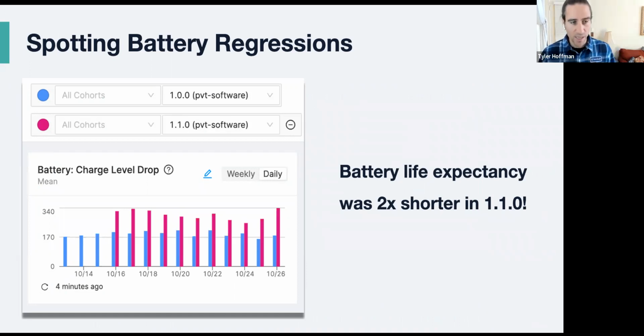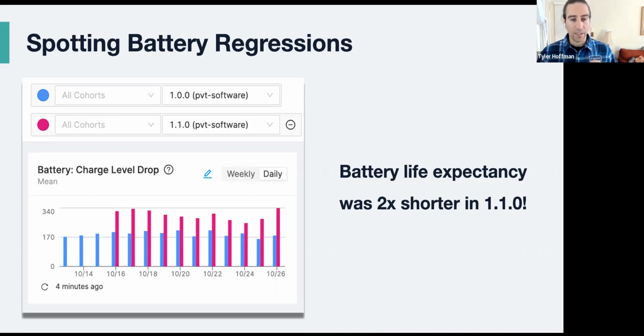In this example, the blue lines represent a 1.0.0 firmware, and the red lines are the update, 1.1.0. The red lines are much larger. The numbers are not off, but they're multiplied by 10 here. The average percentage drop in the blue firmware was 17%, and the red one was 34%.